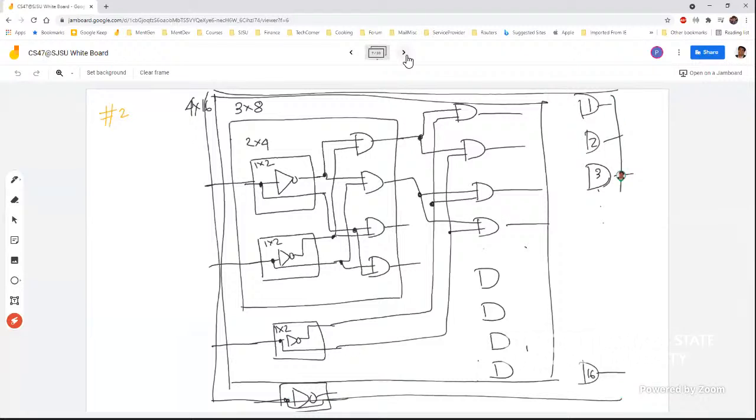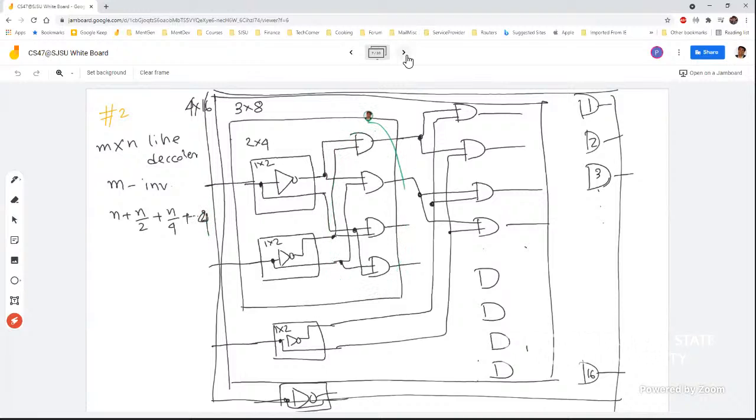So in general, for an M/N line decoder, you have to have M inverters, and the number of AND gates you need is N plus N/2 plus N/4 and so on, till you get down to 4.